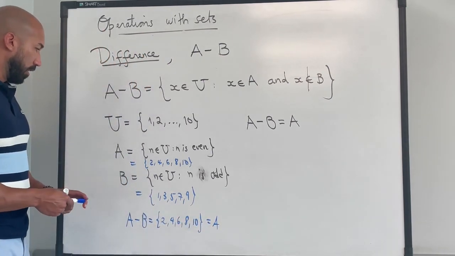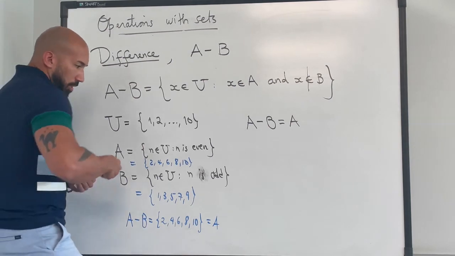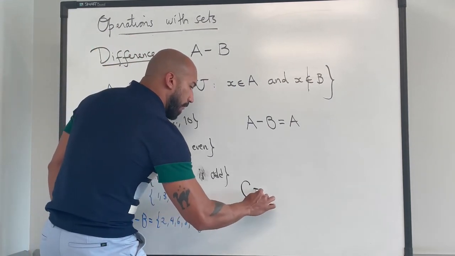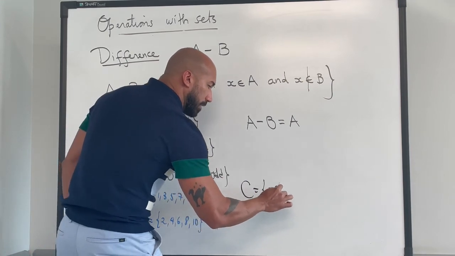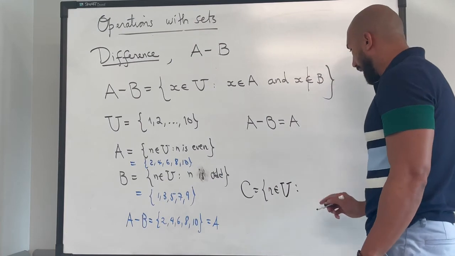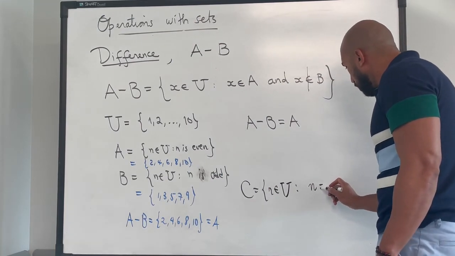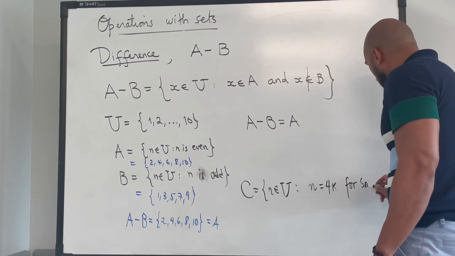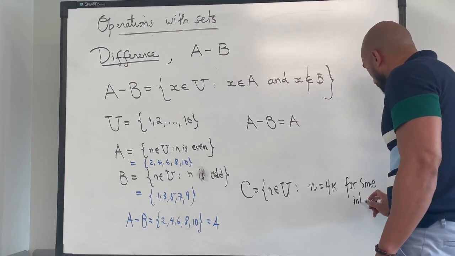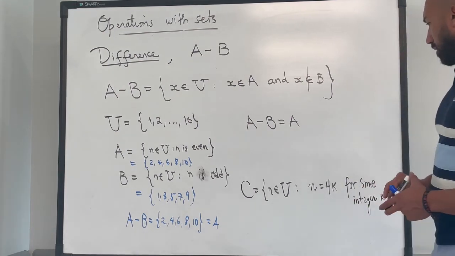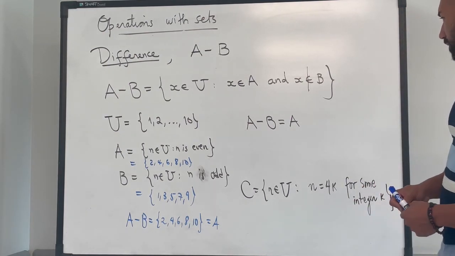But if, instead of B, we consider another set C, those elements in the universe such that they are a multiple of 4, then we are going to have the following.